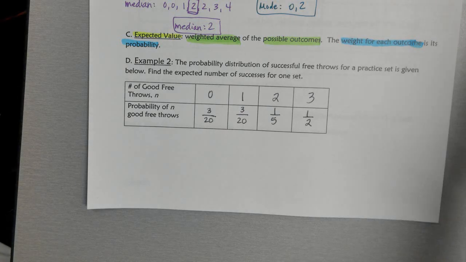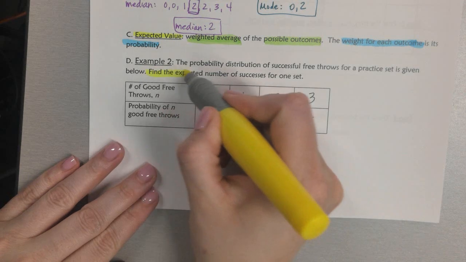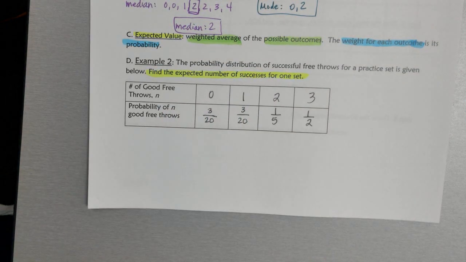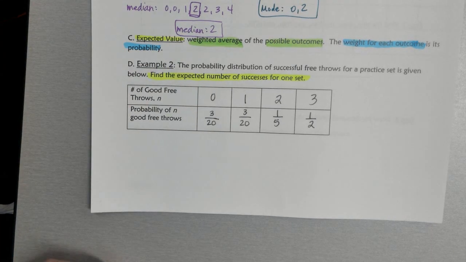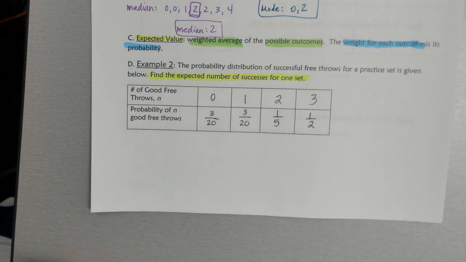The key word is expected. So when it says find the expected number of successes, that means we're going to have to use this weighted average. Okay, so in a lot of your classes, you actually do have weighted values for different categories, right? Like your tests are weighted a certain percent, your homework's weighted a certain percent.